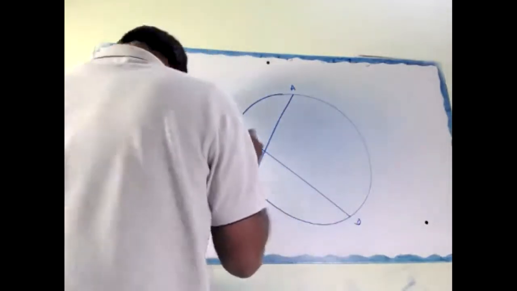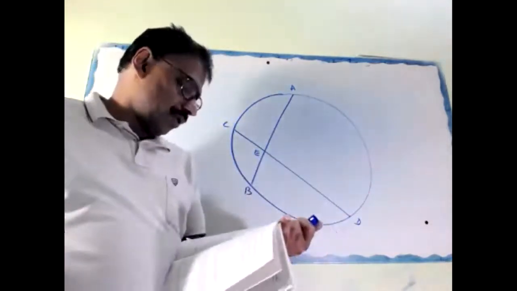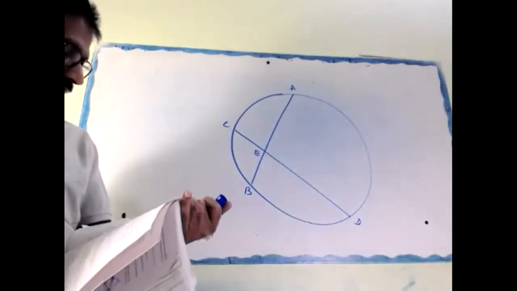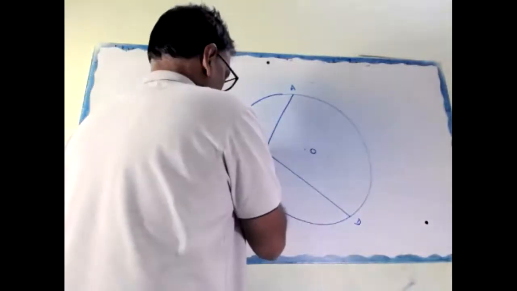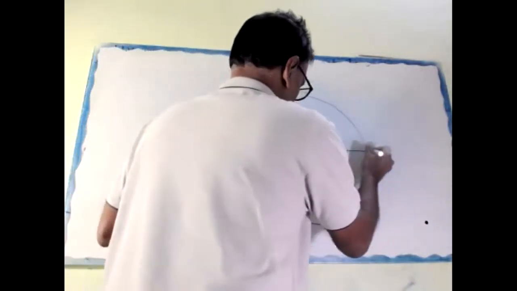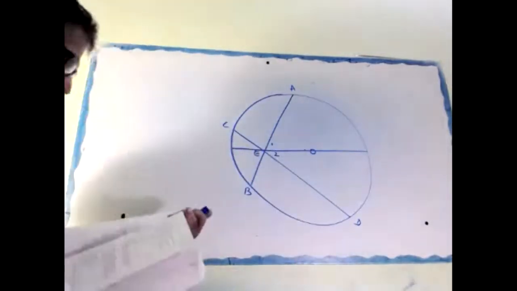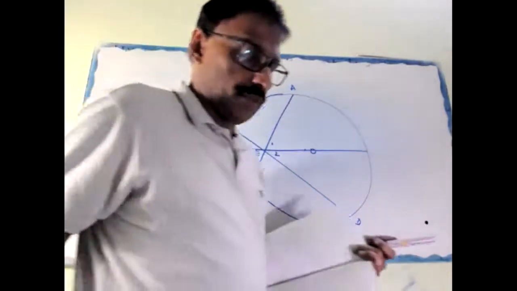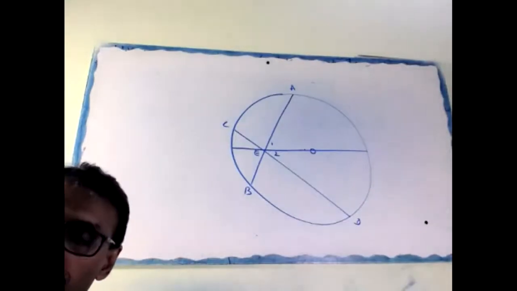Don't write now. If two chords of a circle make equal angle with the diameter of the circle passing through the point of intersection, this angle is equal. Angle 1 equal to angle 2. What do you have to prove? To prove that AB equal to CD.